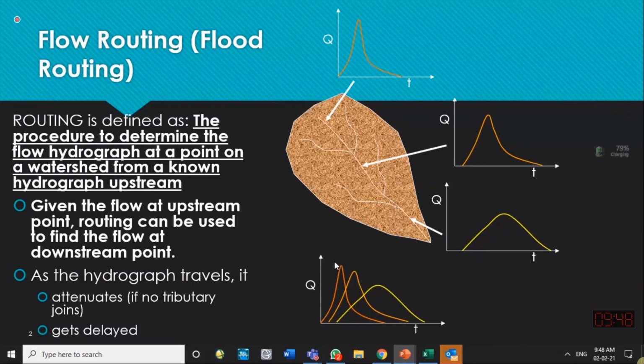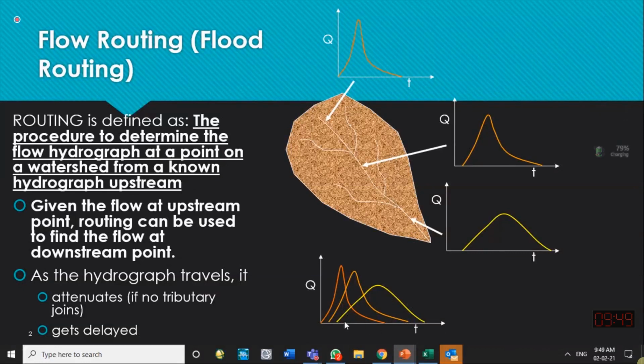Another variation you observe in these three hydrographs at these three places is the base time of the hydrograph. Originally, this flood hydrograph, which was observed at the highest place over here, has a base time of, let us say, T duration. When it reached the lowest point over here, it has a higher base time.